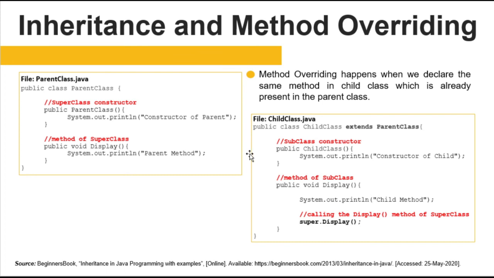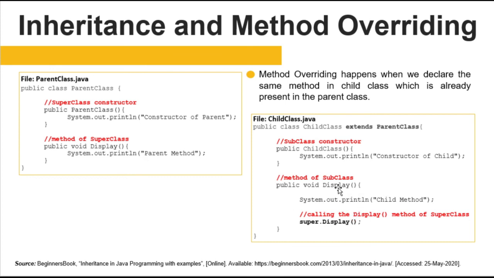So, by using method overriding, it means that inside your child class, as you can see here, the display method inside the child class is the same name with the display method of the superclass.